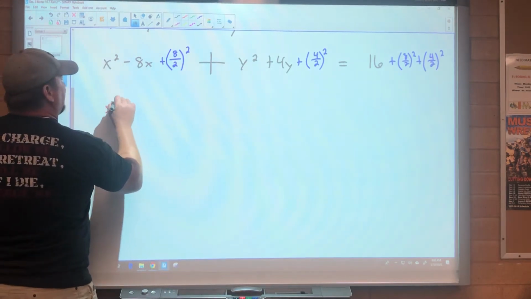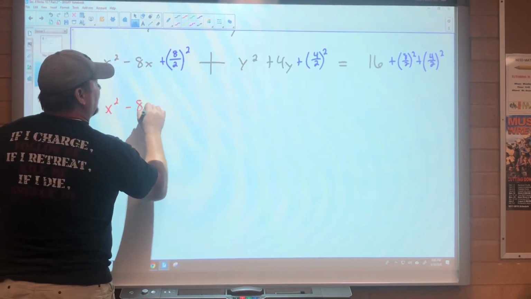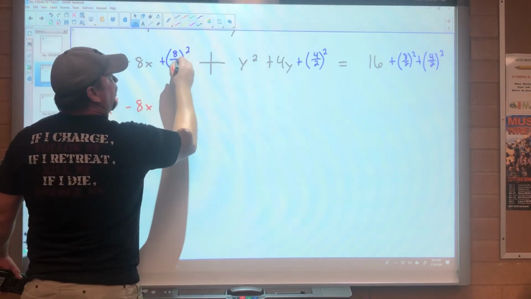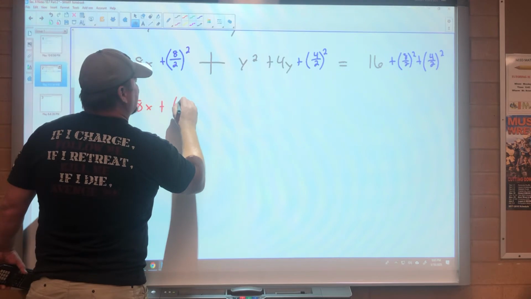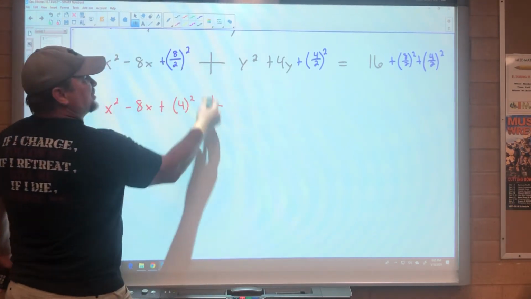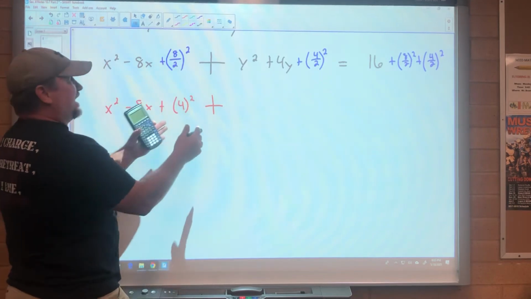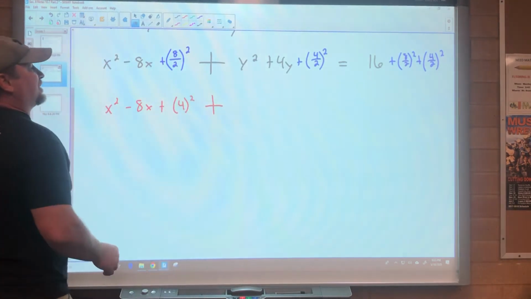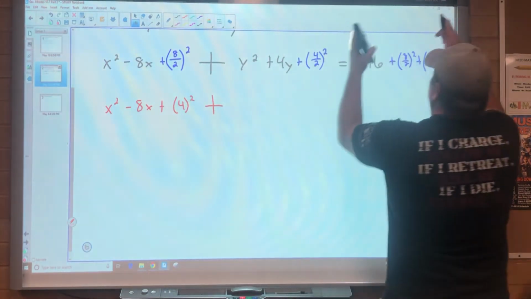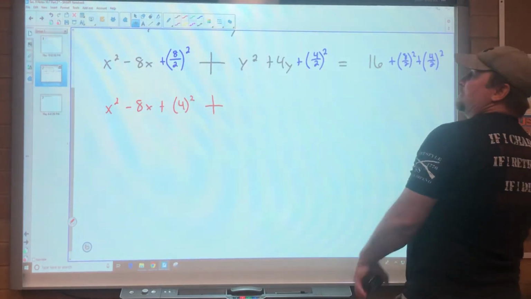I've got x squared minus 8x. All we're doing is simplifying. So nothing happened here, but watch what this is. 4 squared. So I'm just going to keep writing it because I want to show you every step. Big plus sign. I always make sure I keep that big because that one stays there. That's kind of this divider. Here's the x stuff. Here's the y stuff. Here's the stuff without any variables. Okay?